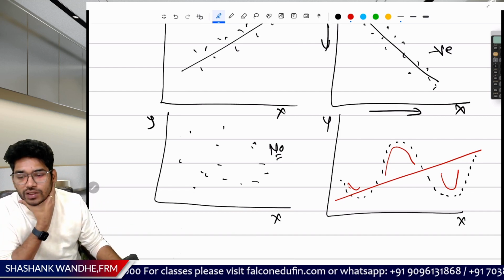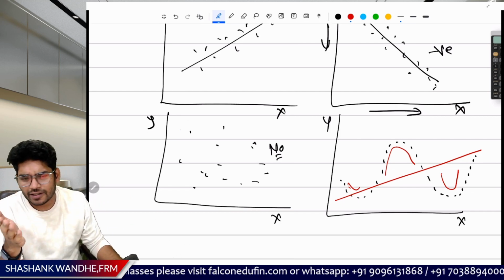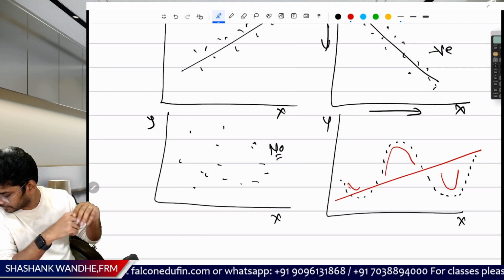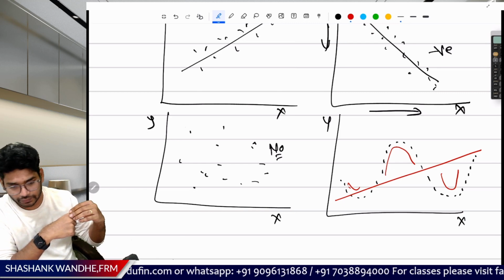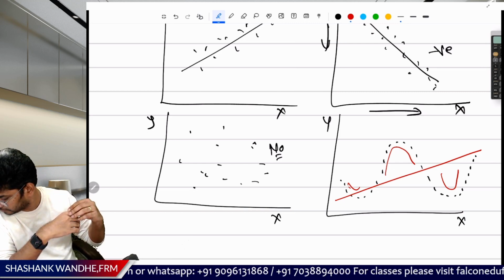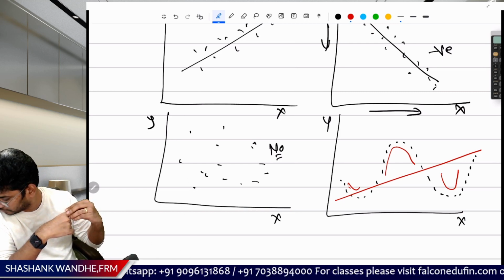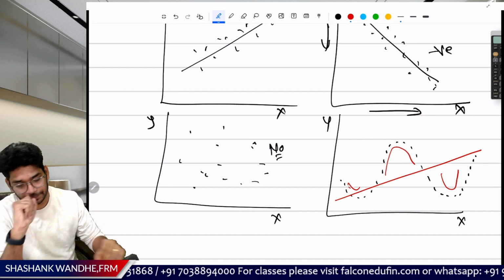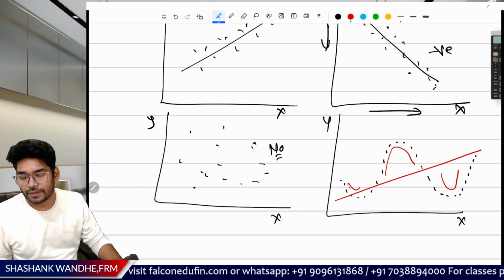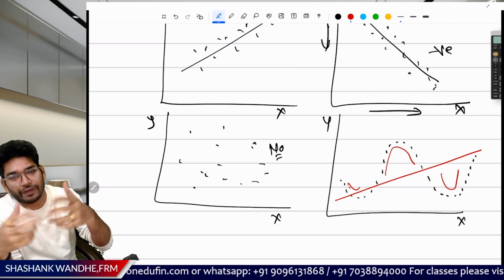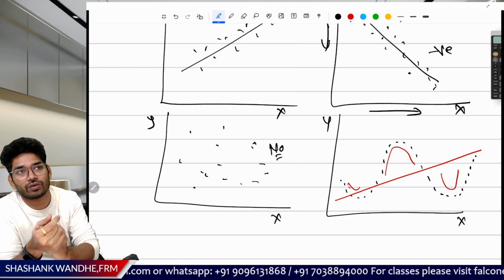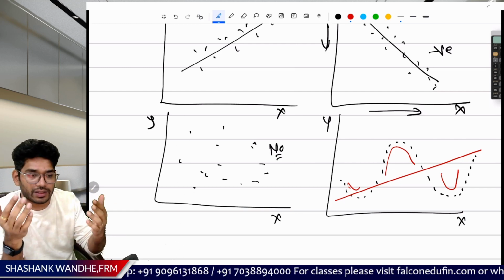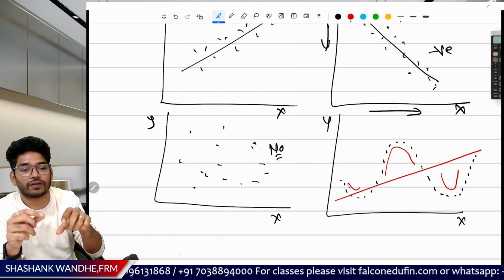Then there is also spurious correlation. Two variables are showing a relationship between them, but ultimately there is a third variable which is impacting these two variables, and that's why you are able to figure out the relationship.